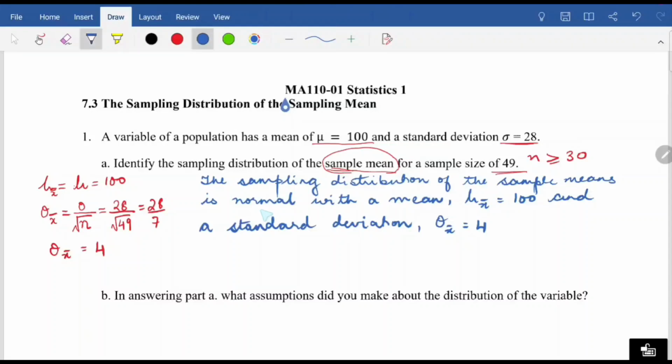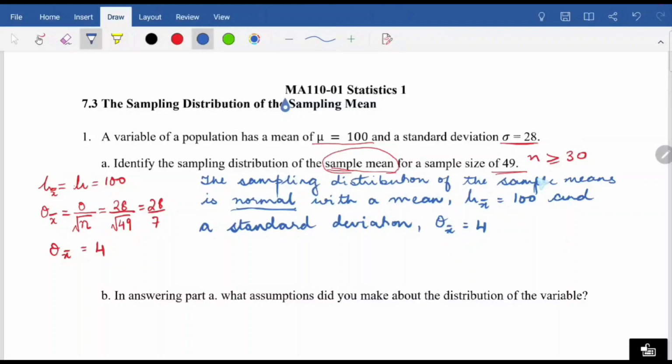So the way we are going to phrase the answer is now up here. It says the sampling distribution of the sample means is normal. So you have to say it's normal first, with a mean, mu sub x bar, equals 100 and a standard deviation, sigma sub x bar, equals 4.